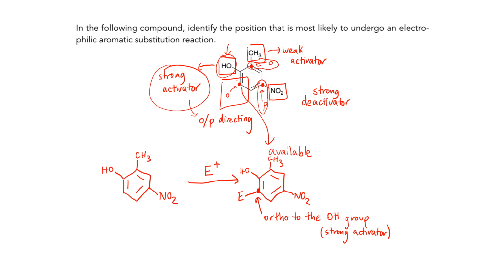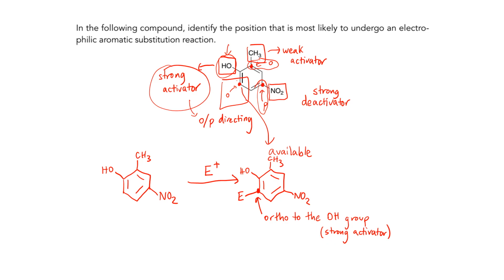Right, just to kind of recap, what did we just do? We looked at the directing effects of every substituent on the ring, and we asked ourselves which one of them are activators. And then of the activators, because those dominate, which one of them is the strongest activator? And then once we figured out which one was the strongest activator, we looked at what positions were available to functionalize.